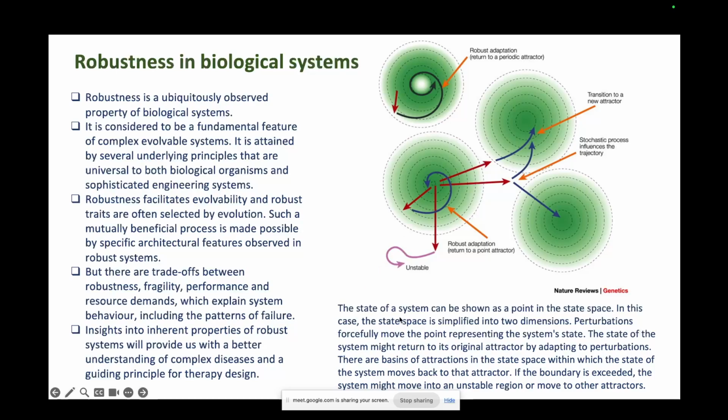The state of a system can be shown as a point in the state space. In this case, the state space is simplified into two dimensions. Perturbations forcefully move the point representing the system state.